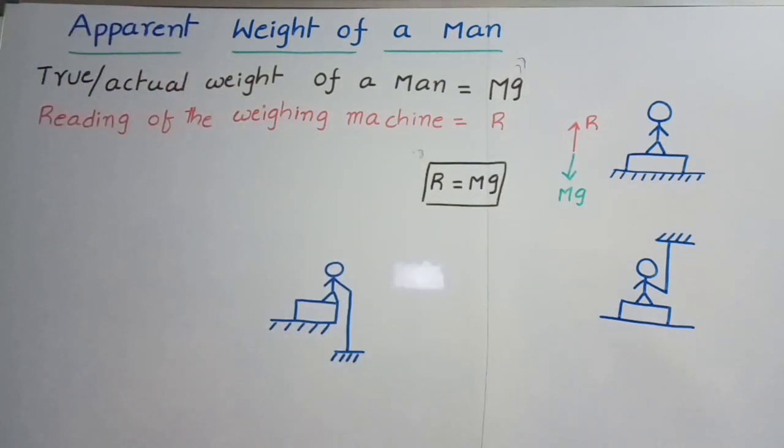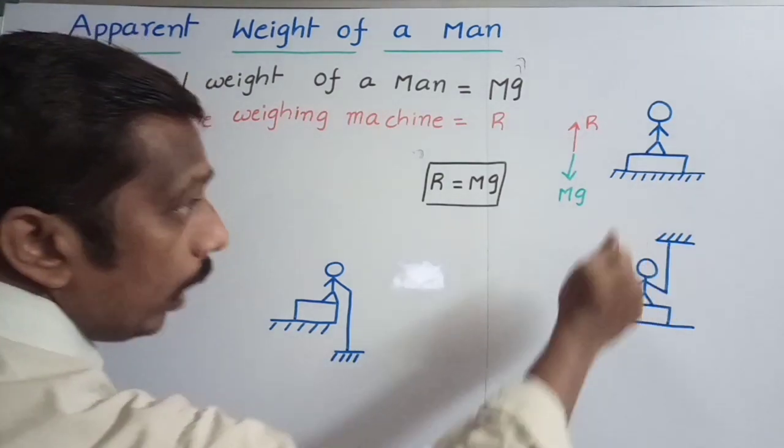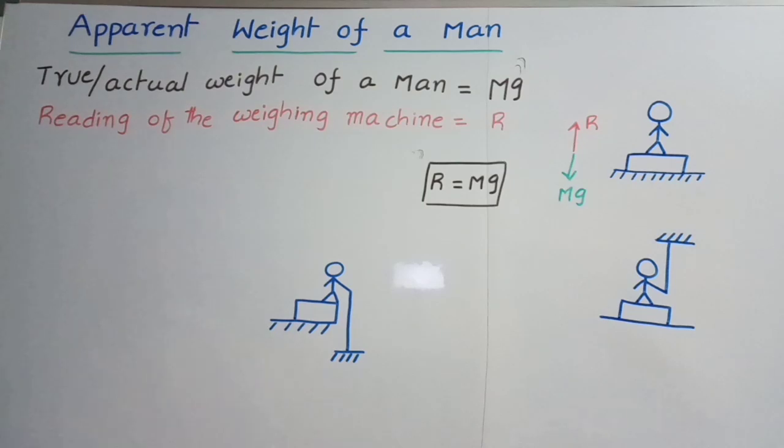Next, the same person is standing on the weighing machine, and now he is pulling a string. One string is attached to a rigid support here. He is pulling down. Whenever he is pulling down, some tension is developed in that string.